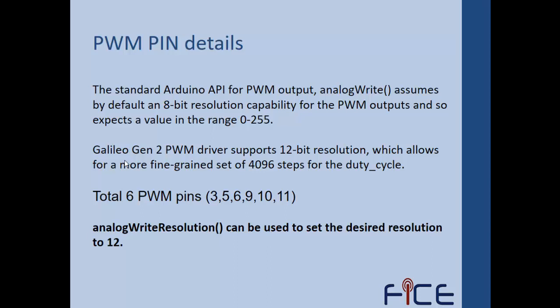By default the resolution is 8-bit, meaning 256 steps, so the range will be 0 to 255. What are the PWM pins? 3, 5, 6, 9, 10, 11 are the PWM pins. analogWriteResolution can be used to set the desired resolution to 12-bit.